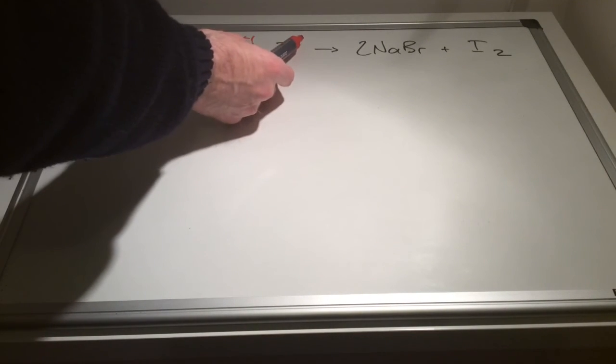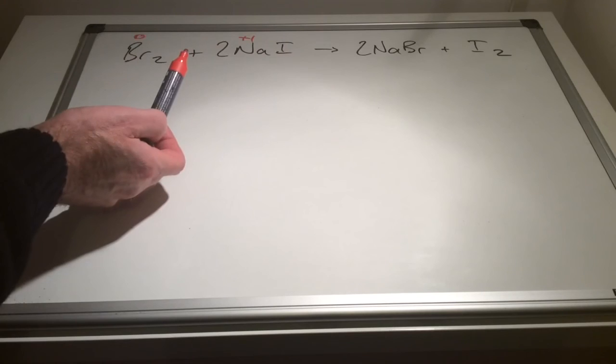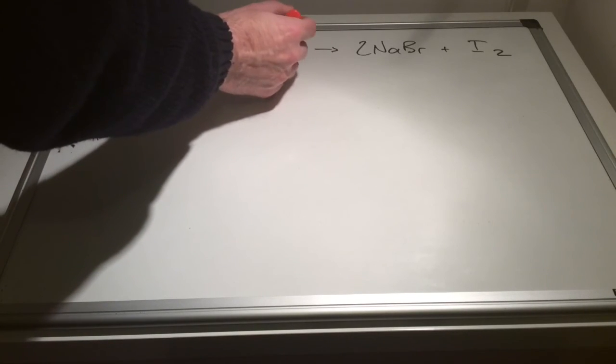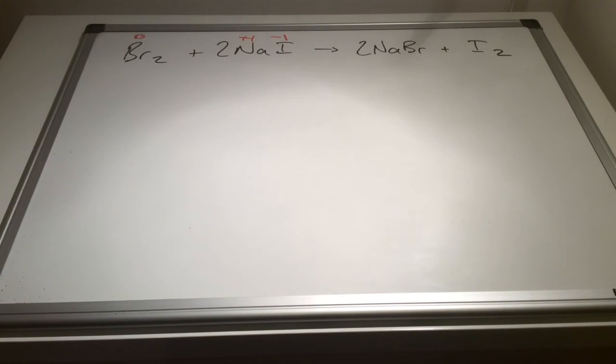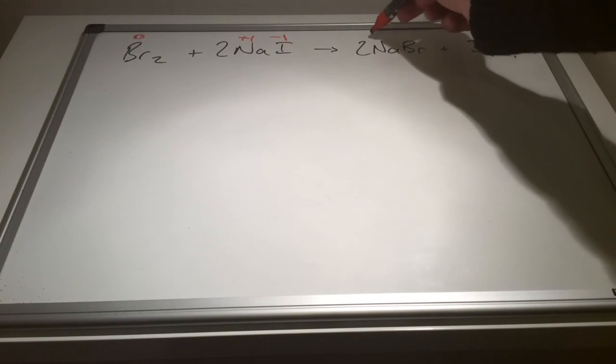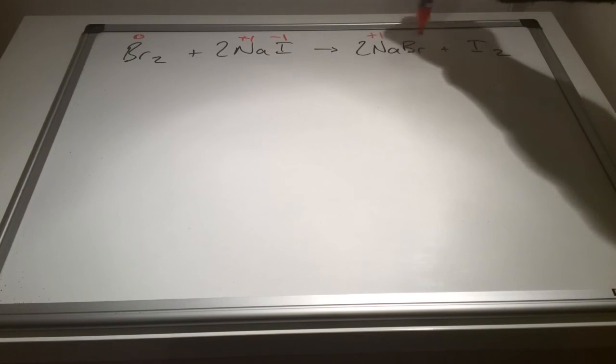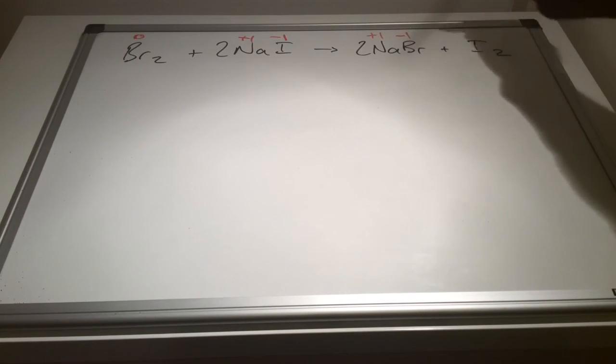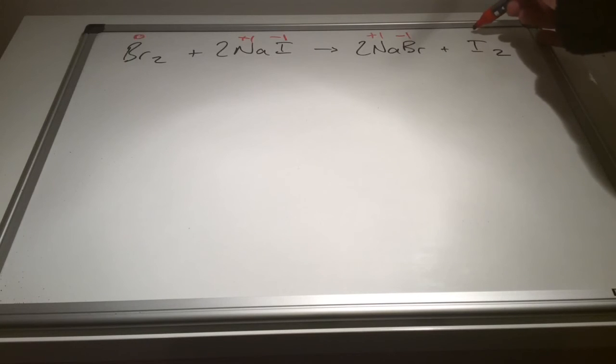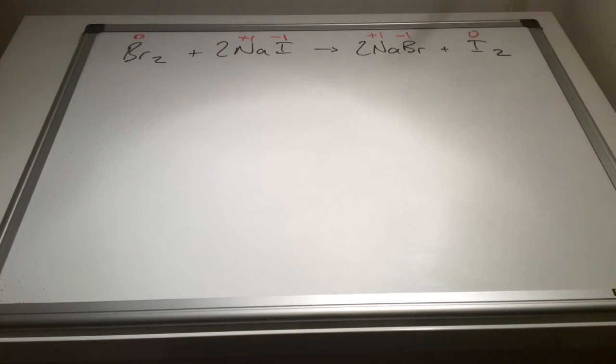And then to keep this neutral, no charge there, you can see it's got to be -1 for that iodine. Sodium, still in a compound, so it's still +1. Bromine, to keep the overall charge neutral, it's got to be -1. And iodine is now an element, so 0.